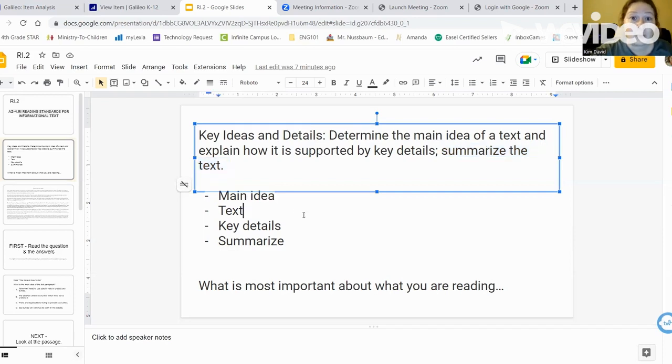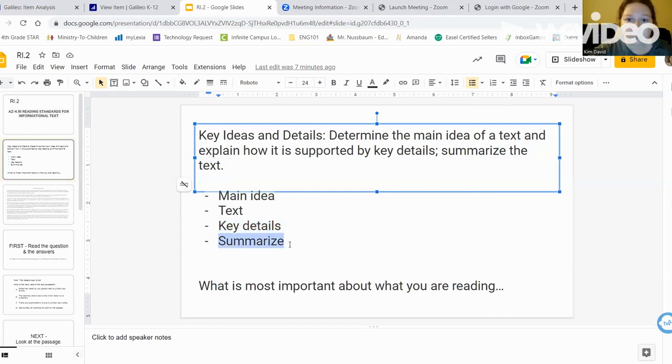So again, what you're often going to see in these questions are main idea, the word text, which simply means the words that you are reading on the page or on the screen, the key details, the small pieces of information that then support or inform you about your big idea, the main idea, and summarize.